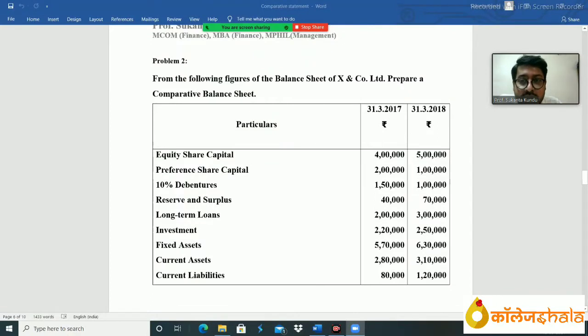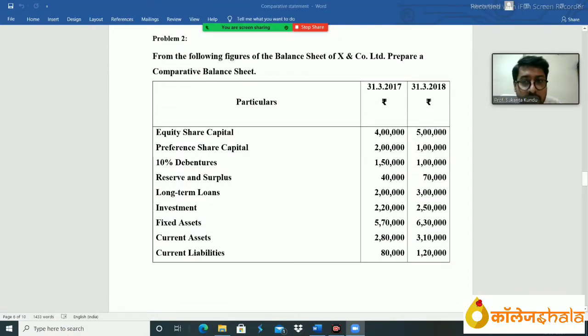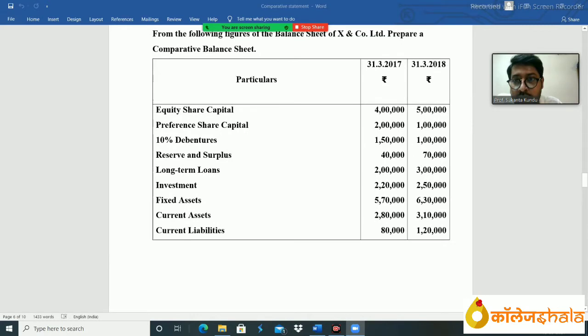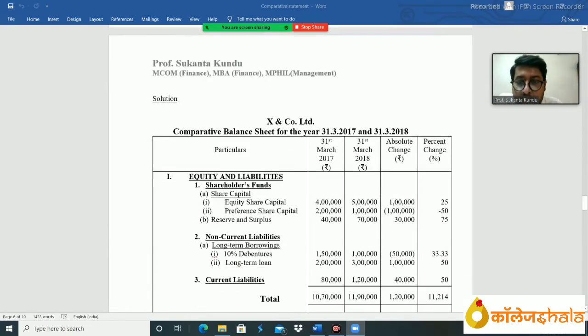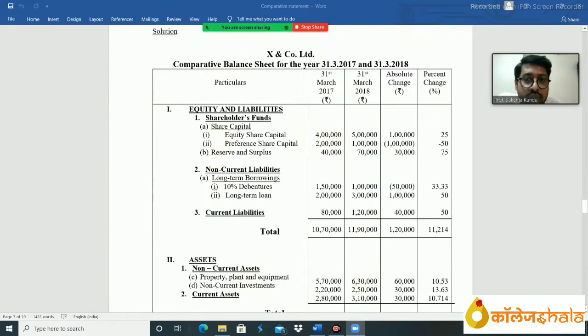So here equity share capital 4 lakh, 5 lakh, preference share capital 2 lakh, 1 lakh, 10% debentures, it will come under long term loan, and reserve and surplus will come under shareholders fund. See, under shareholders fund, share capital, and then equity share capital, preference share capital, reserve and surplus.